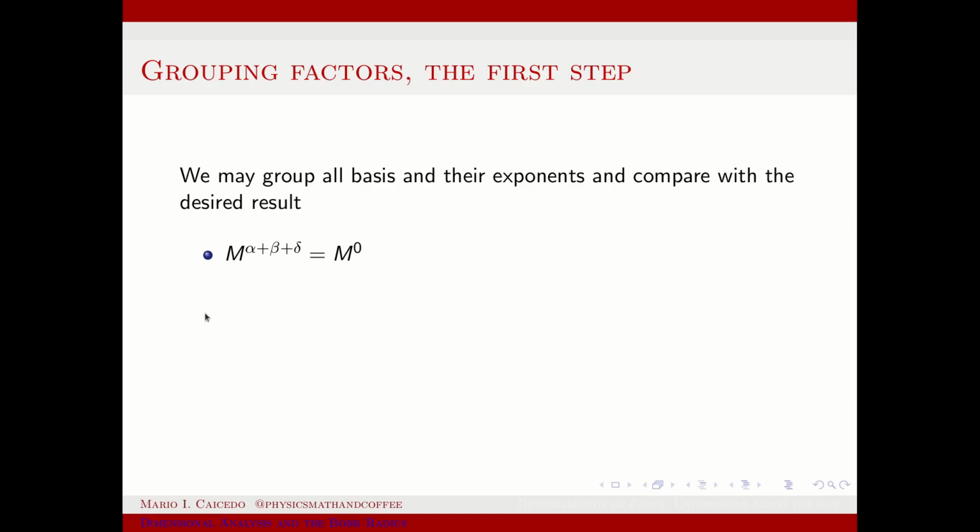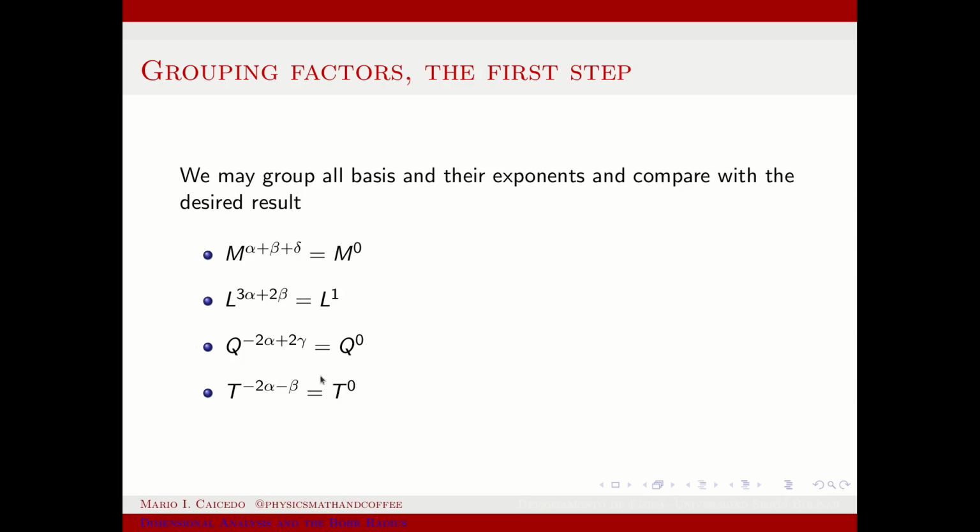So we have mass to the sum of the powers alpha, beta, and delta, and it must equal mass to the 0 because on the right hand we just have length. Length to these two powers in here, charge equaling charge to the 0 power, and time equaling time to the 0 power.